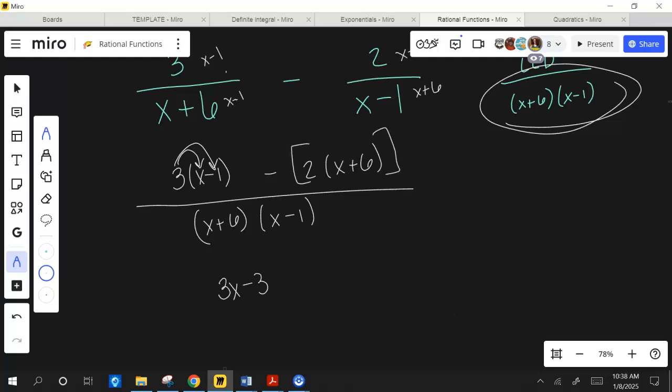I'm having to subtract all of this. So you can do it in parentheses like that, or I would prefer just to do this. Same change, right? That way I'm distributing negative 2. So minus 2x minus 12.